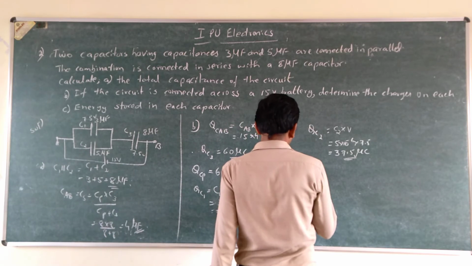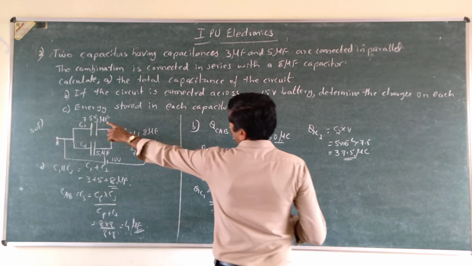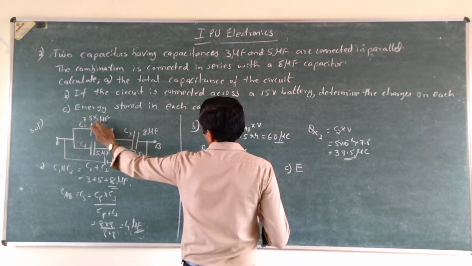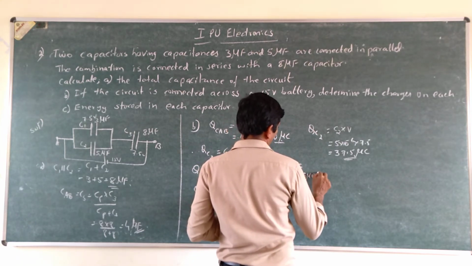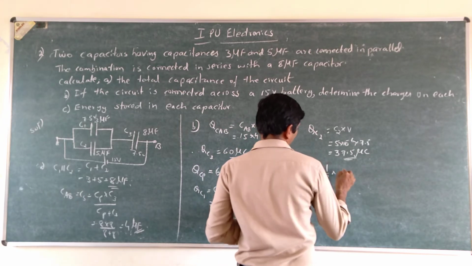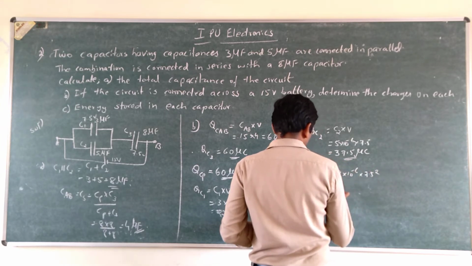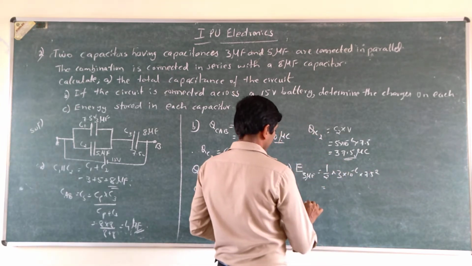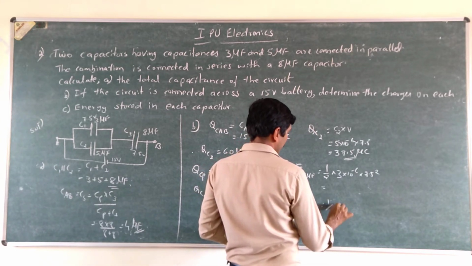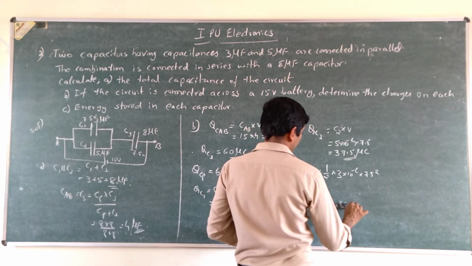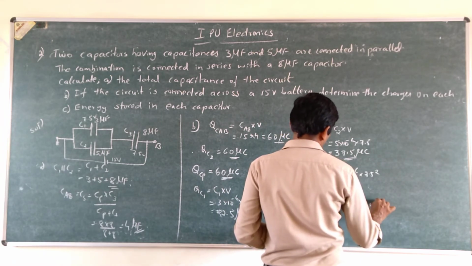Therefore, third, energy stored in each capacitor, E is half CV square. Using that, E for 3 microfarad is equal to half C into V square, 3 micro into 7.5 square, you can calculate. Next, E for 5 microfarad, half C into 5 into V square, once again 7.5 square.